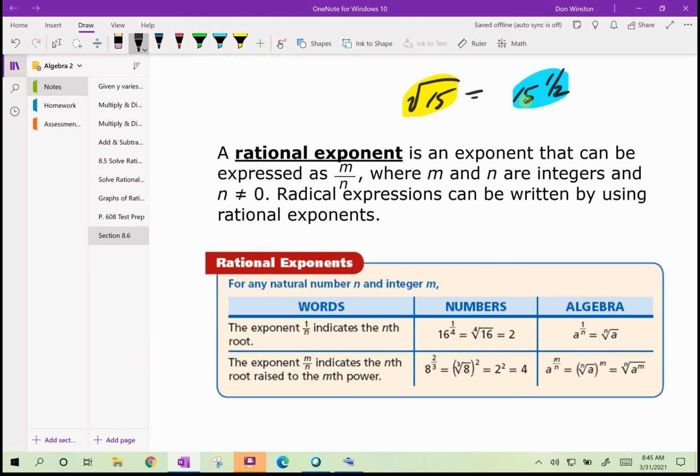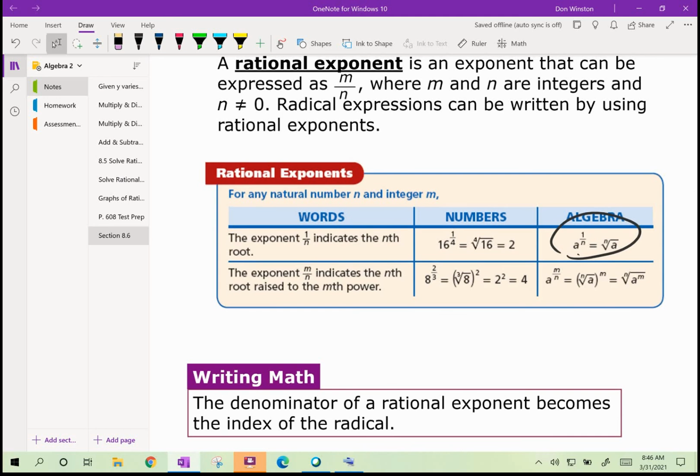So 15 raised to 1/2 is equal to the square root of 15. We don't write the index 2 when we write the square root. 16 raised to the 1/4 means the fourth root of 16. The fourth root of 16 equals 2.